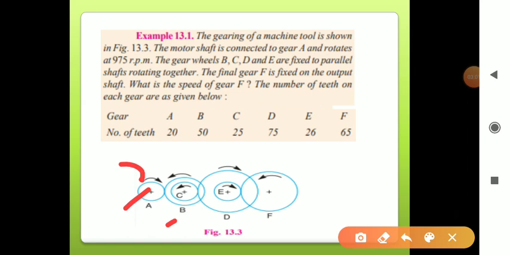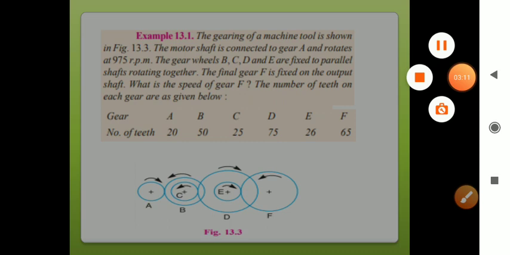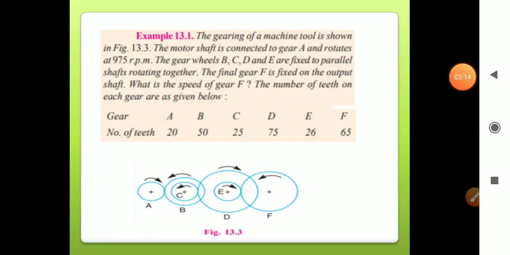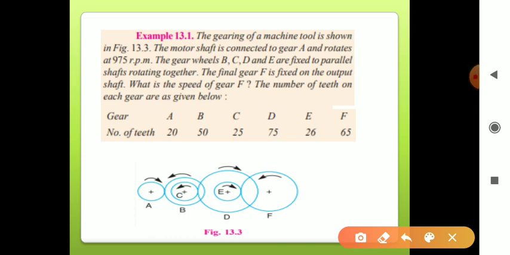Now gear B rotates this shaft, so gear C on this shaft also rotates. Gear C meshes with gear D. Gear D and gear E, or wheel D and wheel E, are mounted on the same single shaft.